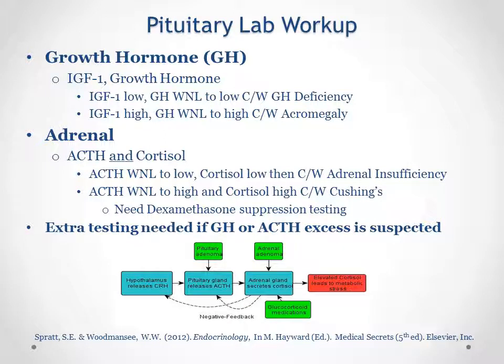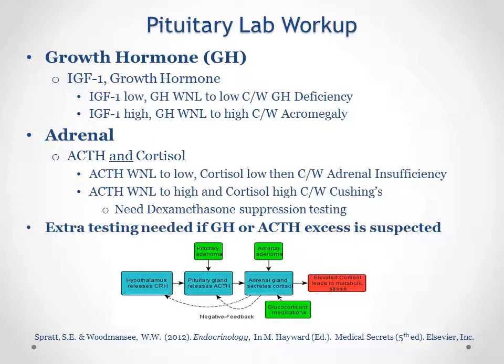Growth hormone is important to measure. If the IGF-1 is low and the growth hormone is normal to low, then you may have the growth hormone deficiency. If the IGF-1 is high, growth hormone is normal to high, then you're going to have a diagnosis of acromegaly.